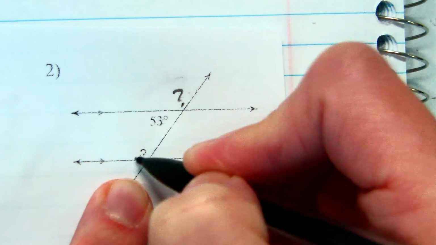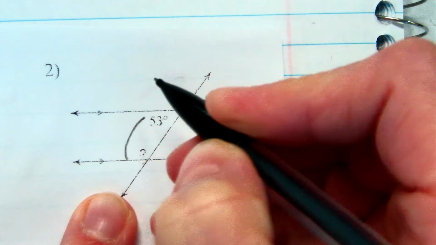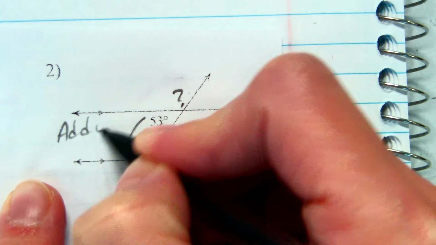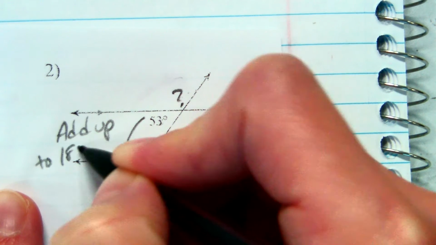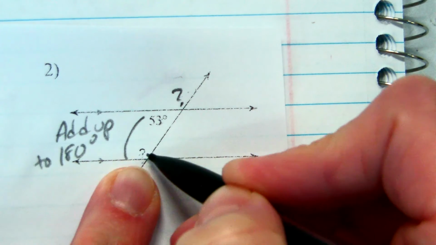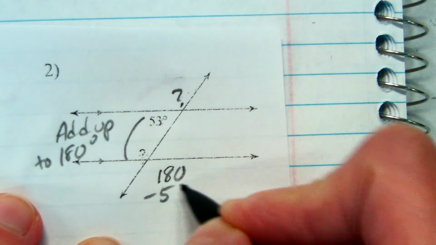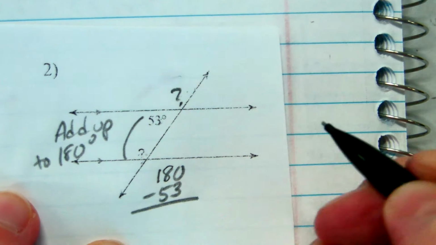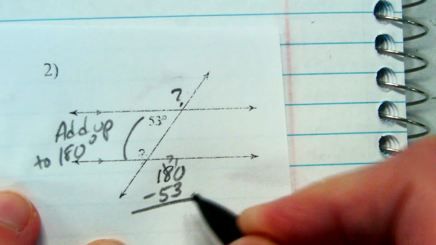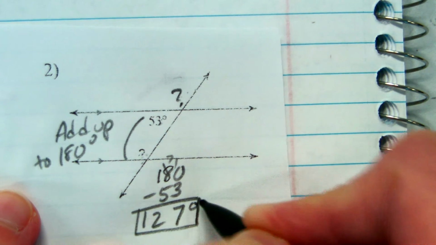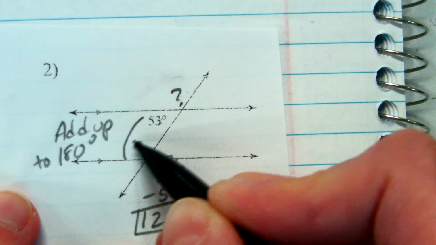So that means that these would also have to add up to 180 degrees. So I can find the question mark by just taking 180 and subtracting 53, which comes out 127 degrees. So that's the question mark right here.